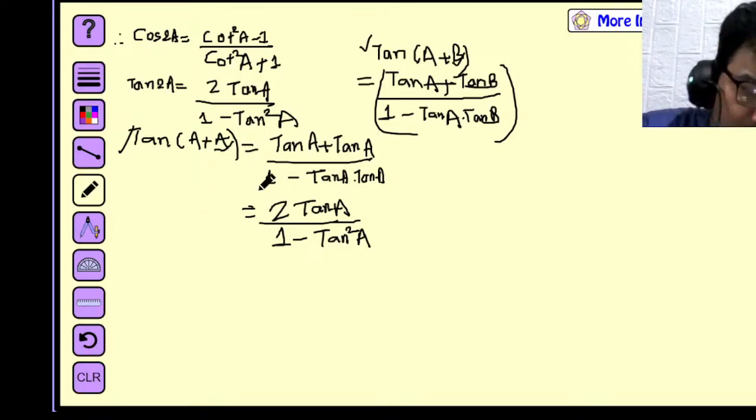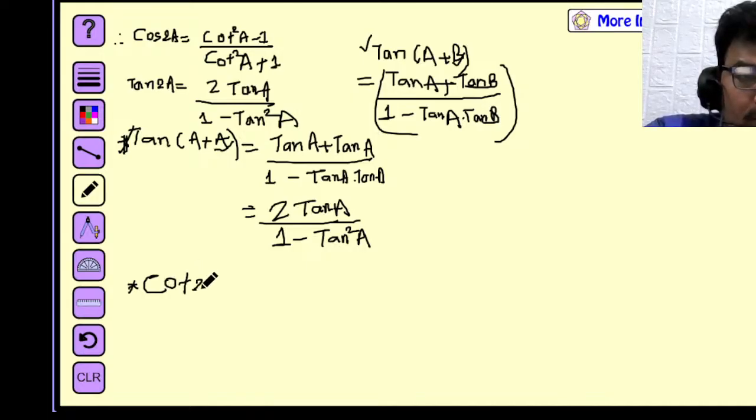And similarly, we can open the formula cot 2A also. How it is open, look here, I want to show you. This is the relation of tan 2A. Now let's write here, next one, how it comes.